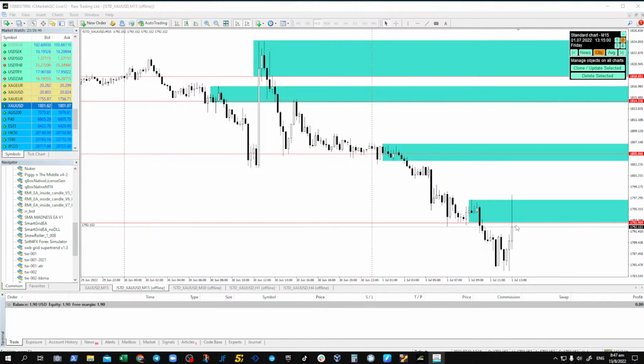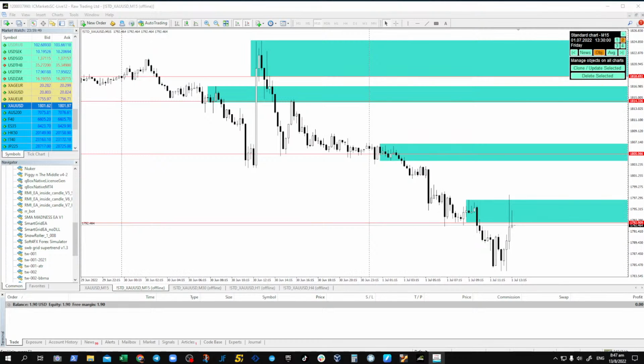So now I want to see the next candle. We can't sell now because the candle is bullish, although it makes a rejection. Let's give it another chance. Okay, so we can see now this is a bearish candle, this is a rejection, and this is a bearish pin bar. So what we want to do is sell.